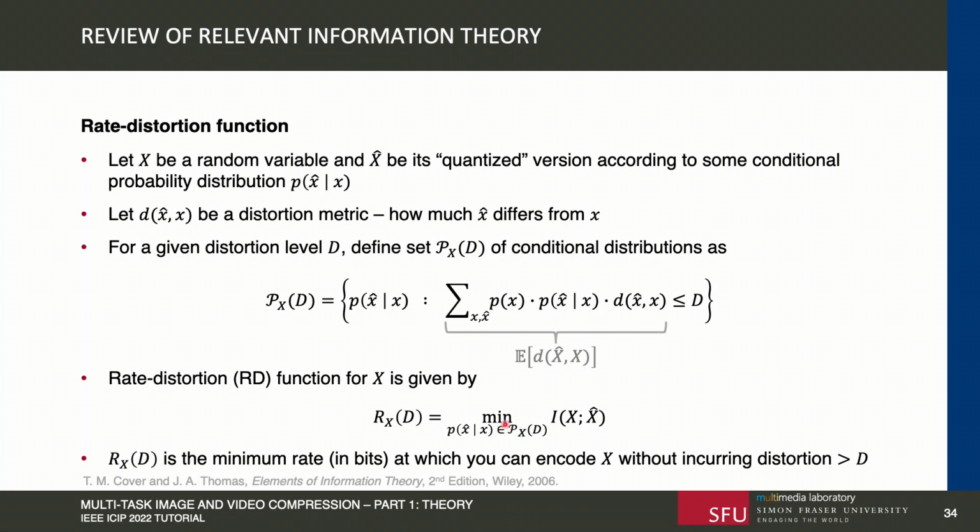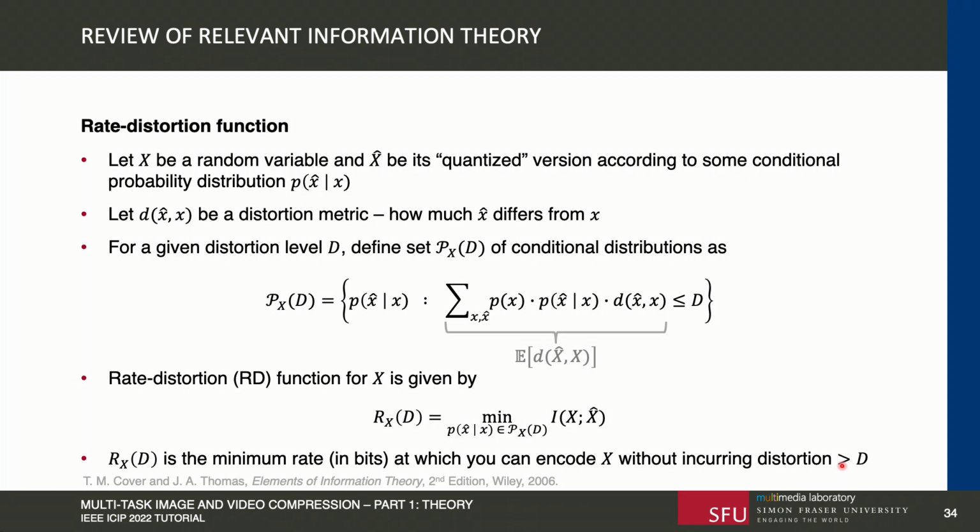A fundamental result in rate distortion theory says that this is the minimum rate in bits at which you can encode the source x without incurring distortion greater than d.